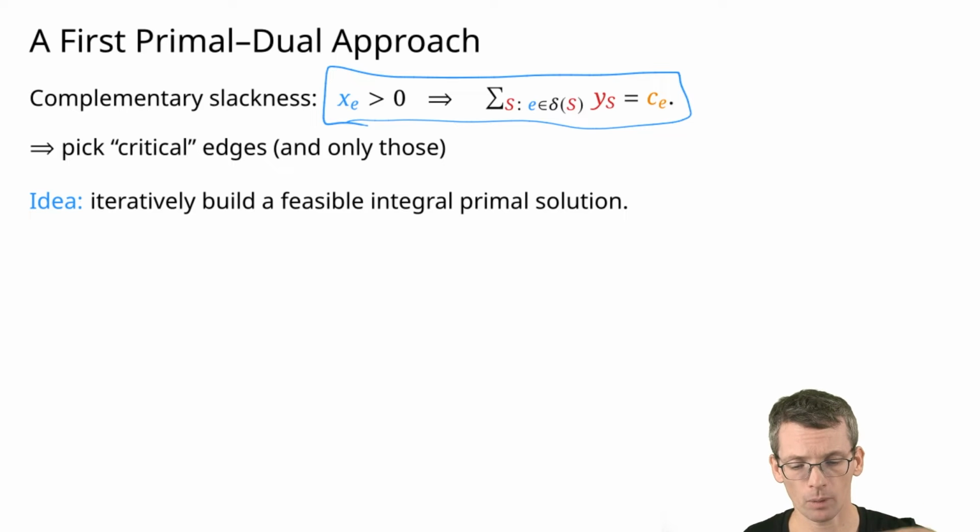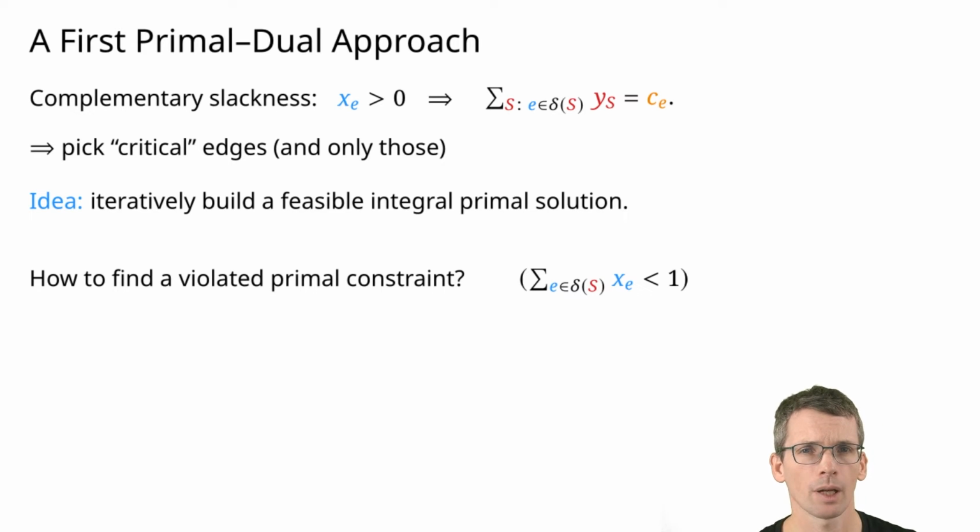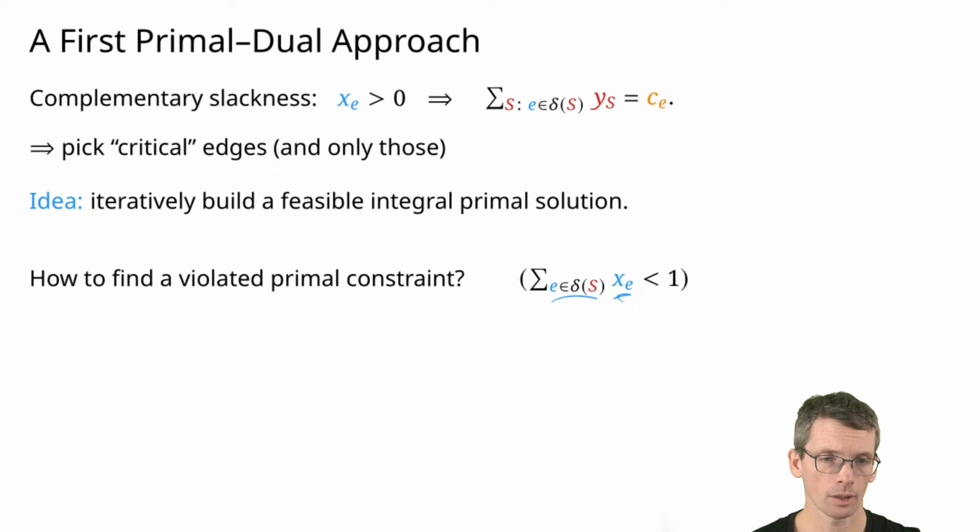And then eventually, when our primal solution is feasible and integral, and we have this complementary slackness, then we will be able to give some approximation guarantee. In such an approach, we will need to be able to identify primal constraints that are violated. So I want to eventually have that for every cut, the sum of cut edges is at least 1, because that means I've selected one, or at least in the ILP, it would mean that we've selected one.